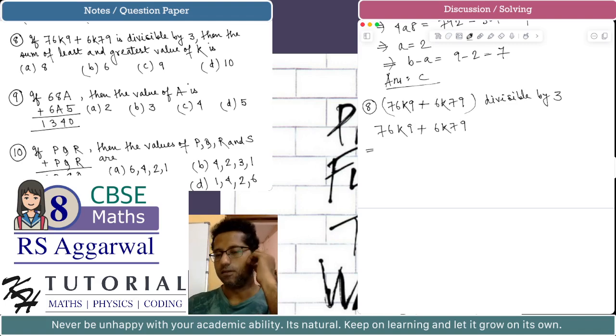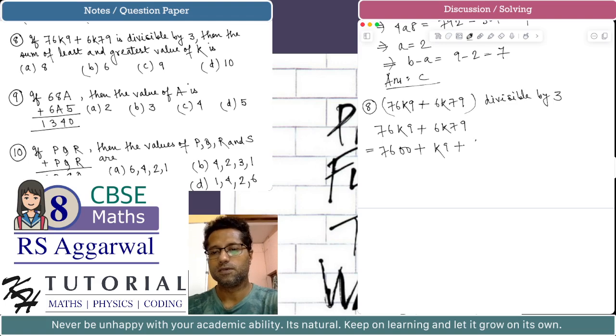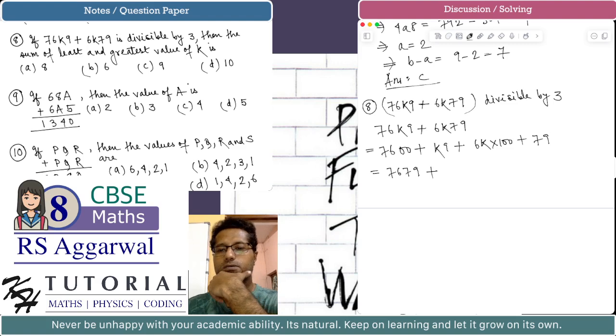If we expand the numbers in the general form, we know that 76K9 is equal to 7600 plus K9, and the number 6K79 will be equal to 6K into 100 plus 79.